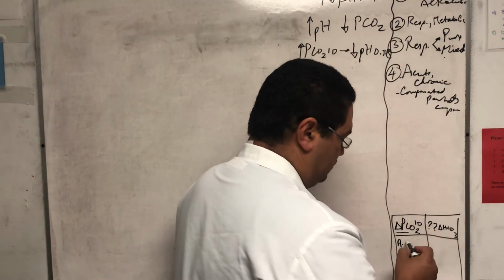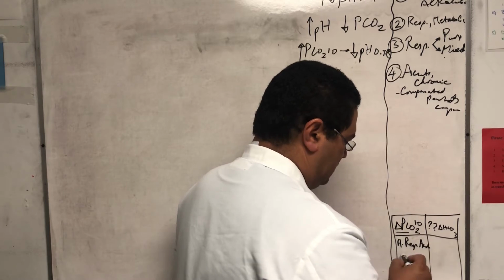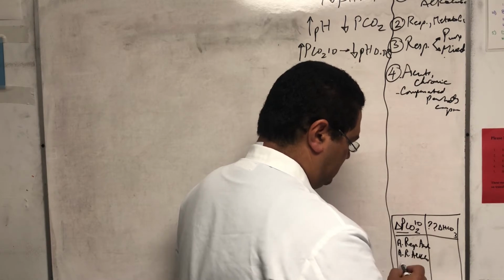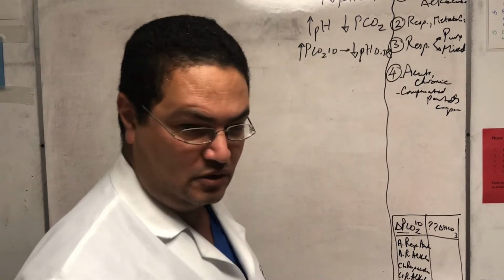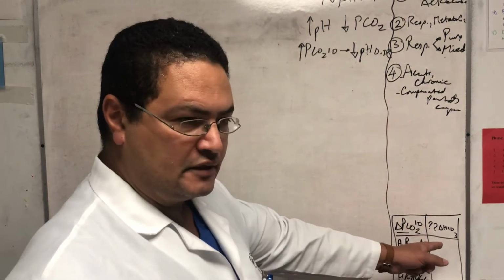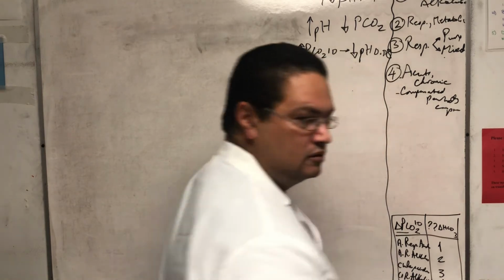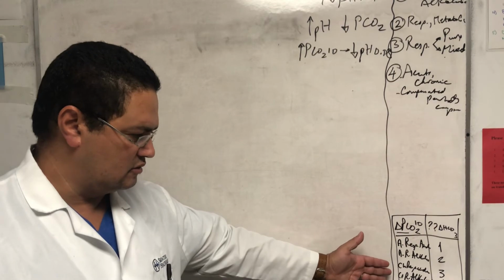In the four disorders that we know: acute respiratory acidosis, acute respiratory alkalosis, chronic respiratory acidosis, and chronic respiratory alkalosis. That's the four respiratory disorders. There's no other respiratory disorder, right? The change expected from bicarb is 1, 2, 3, 4. So it's easy to remember.